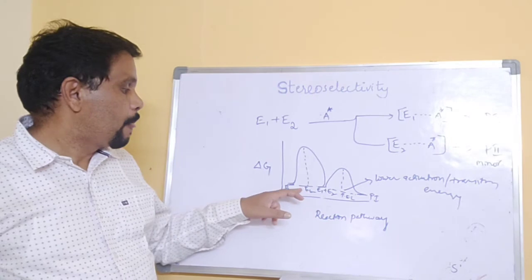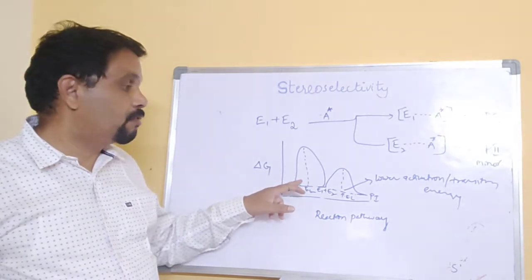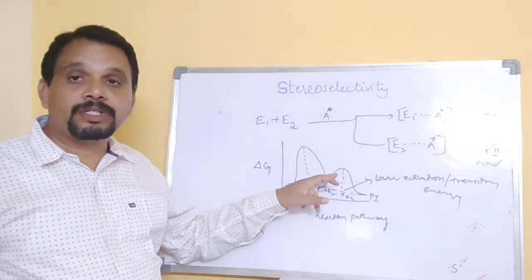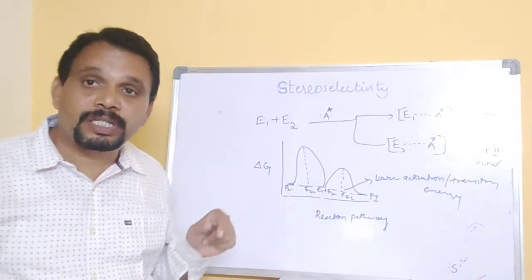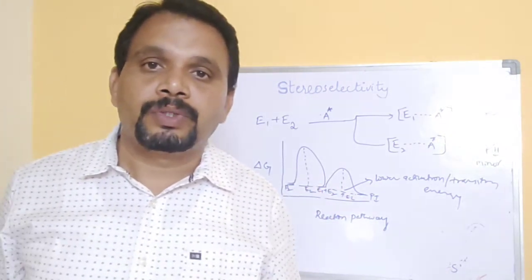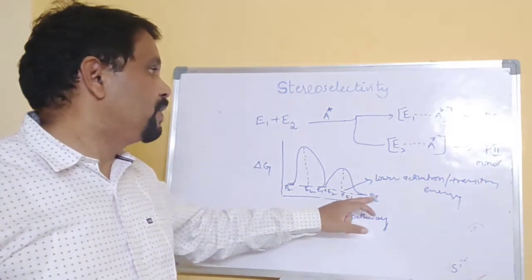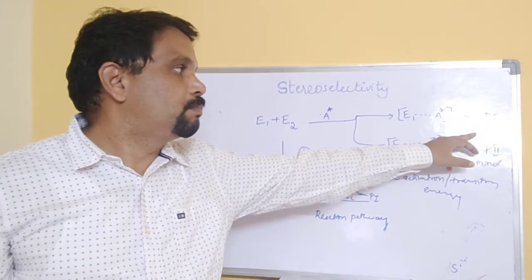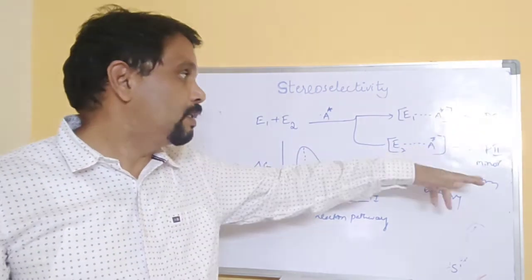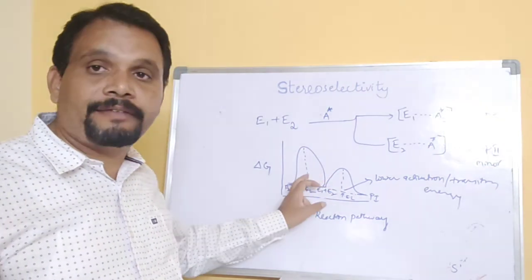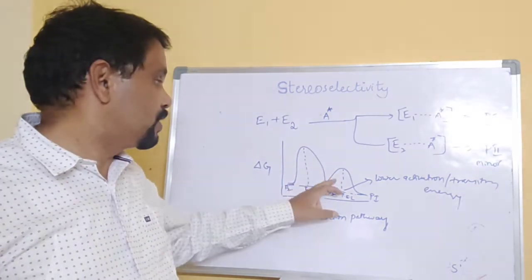So if P2 would be formed, it requires more energy. But P1 requires less energy to reach the transition state. Because of that reason, P1 forms more than P2, because of these transition state activation energy levels.